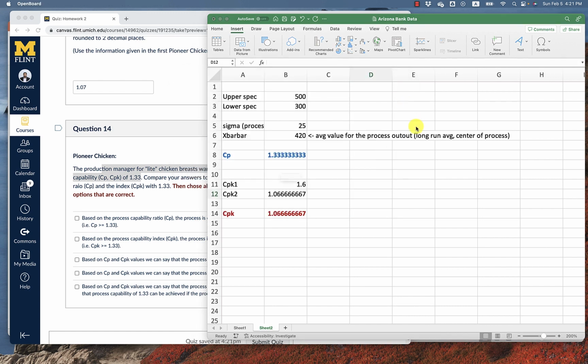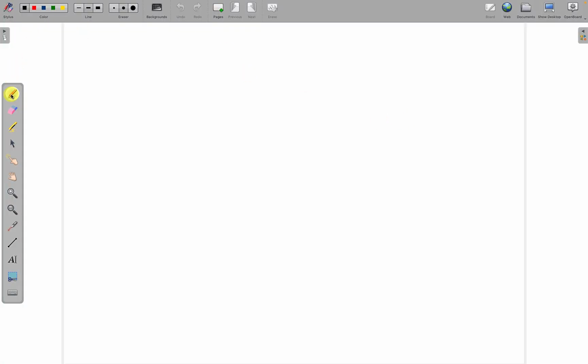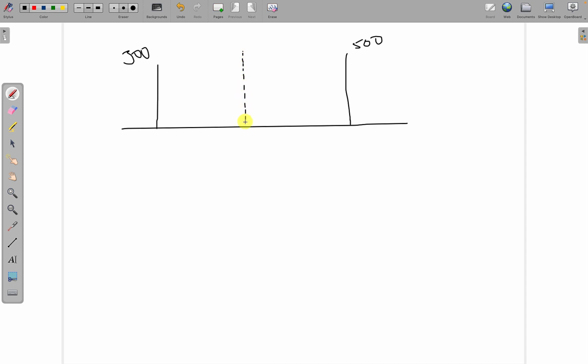Okay, so this is what's going on. You have 300 lower spec, 500 upper spec. The center of the two specs is 400. But your process is not at 400. Your process is centered to the right here at 420.